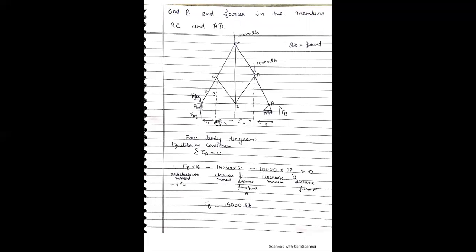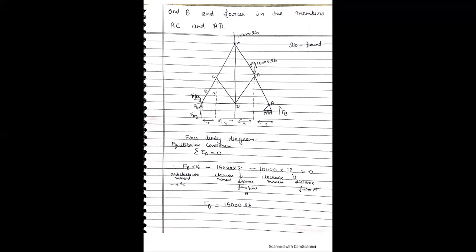Now the first equilibrium condition of the free body diagram is that the torque is 0 at point A. Therefore, at point B there is a force Fb into 16, the distance is 16. Anti-clockwise movement is positive.